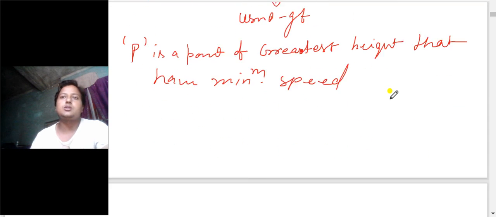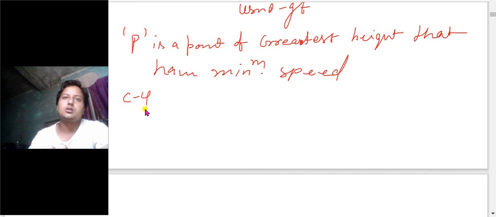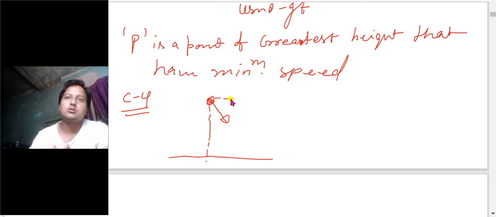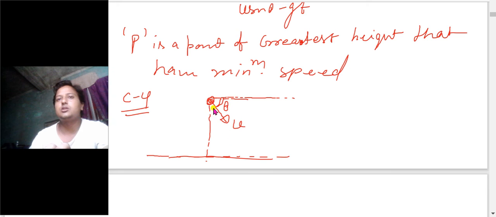Now in case number 4, suppose from a height we projected a body at an angle theta downward from the horizontal with a speed u. So the body goes along a parabolic path.